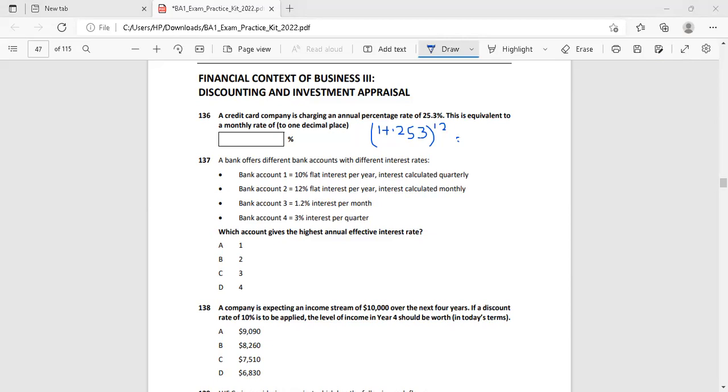I'm getting 11.9. On your calculator, you have that feature.